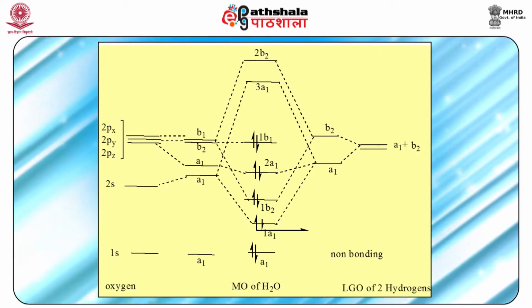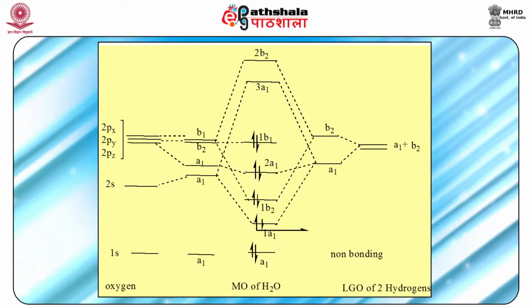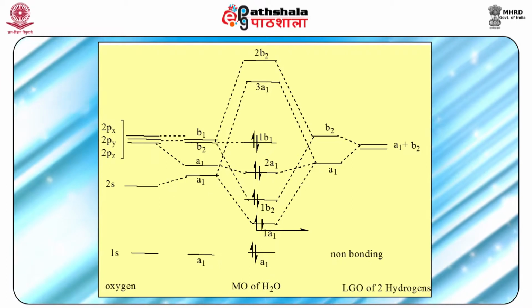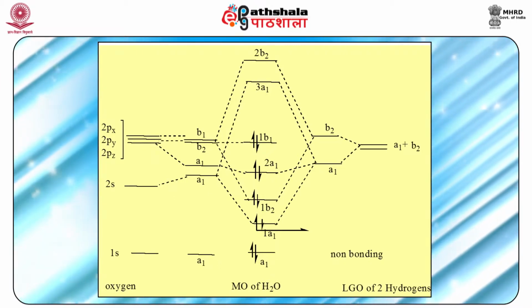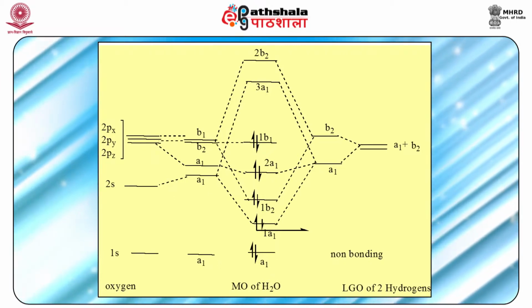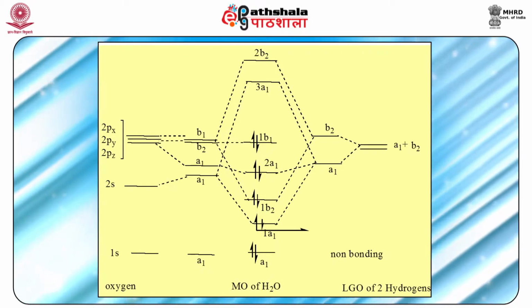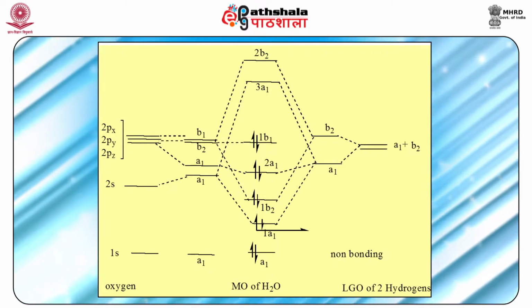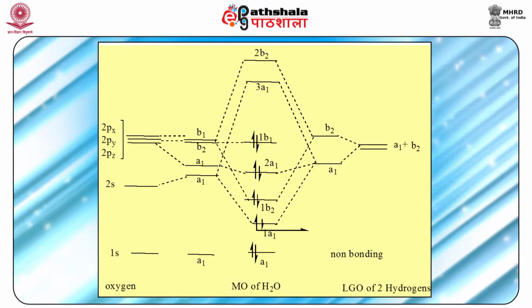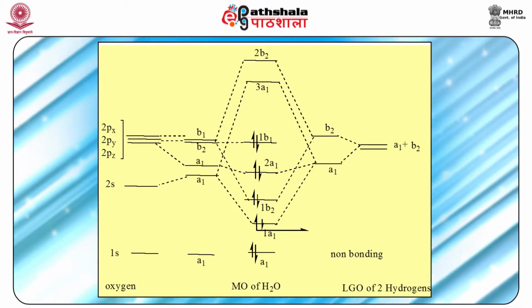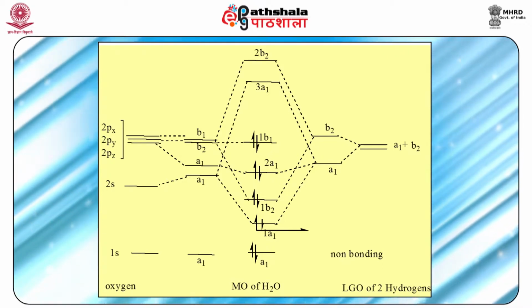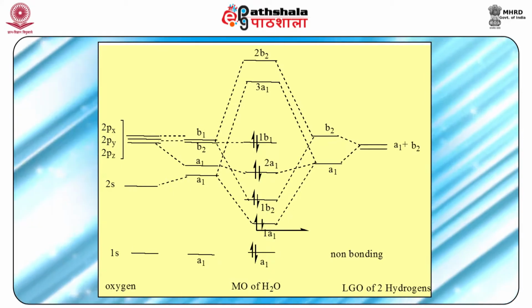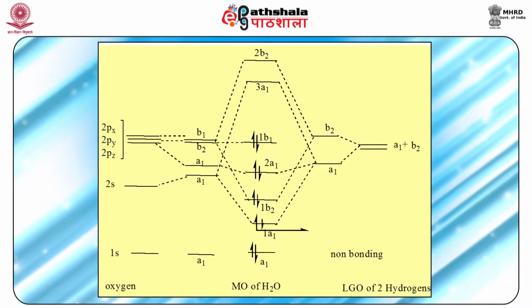Now in figure 3 what we have seen, on the left hand side there are oxygen 1s, 2s, then we have 2pz, 2py, 2px, and the orbitals are of the type A1, A1, A1, B2, B1. Similarly, on the right hand side, LGOs of 2 hydrogens are of type A1 plus B2, that is, these are A1 and B2.